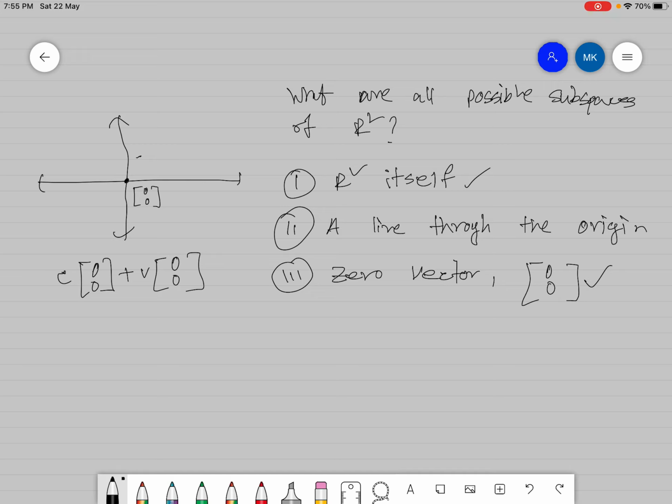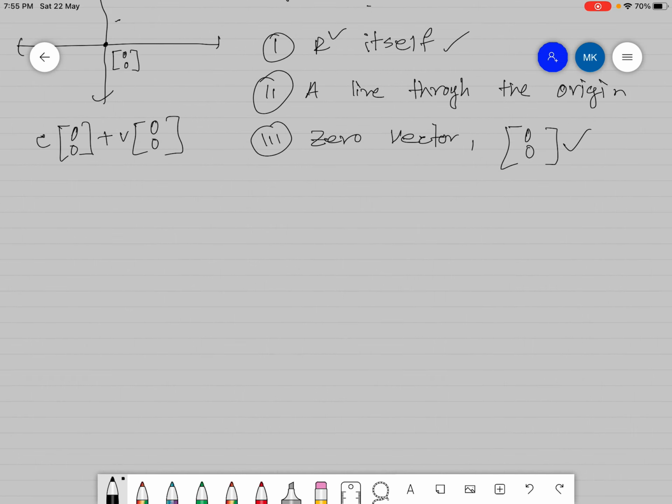So to be a vector subspace, the linear combinations of any two vectors should be inside that vector subspace, and the origin should be inside that vector subspace as well. All right, it is the same.